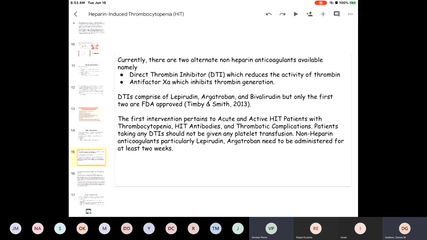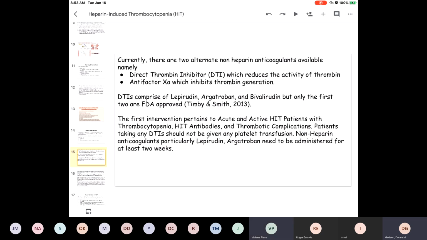Currently there are 2 alternatives for non-heparin anticoagulant available. Direct thrombin inhibitors, which reduce the activity of thrombin, and anti-factor Xa, which inhibits thrombin generation.